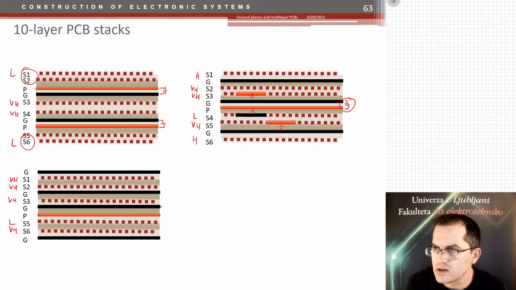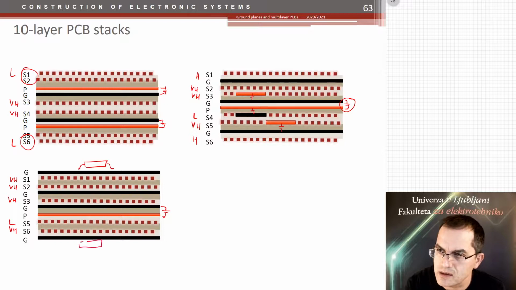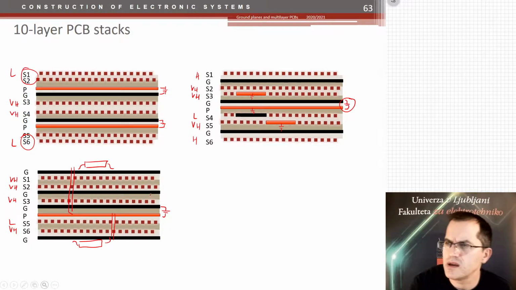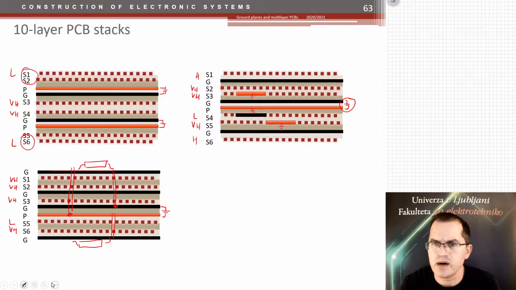Now there is only one capacitor between ground and power. The problem is that this IC is there, or maybe here, would have a little bit longer wires towards the power plane. Of course, the wires towards ground plane as well, because that one provides the high frequency power.